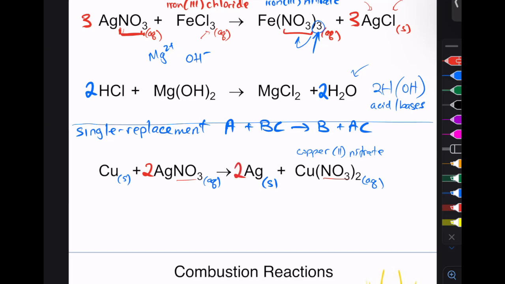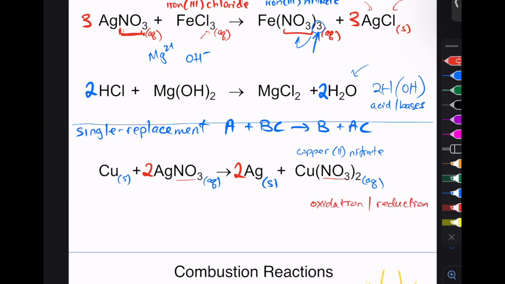And we're done. Pretty easy to do if you recognize your polyatomic ions. In the copper cycle experiment, you are also learning for the first time, I think, about oxidation and reduction. Most single replacement reactions are also oxidation and reduction reactions.